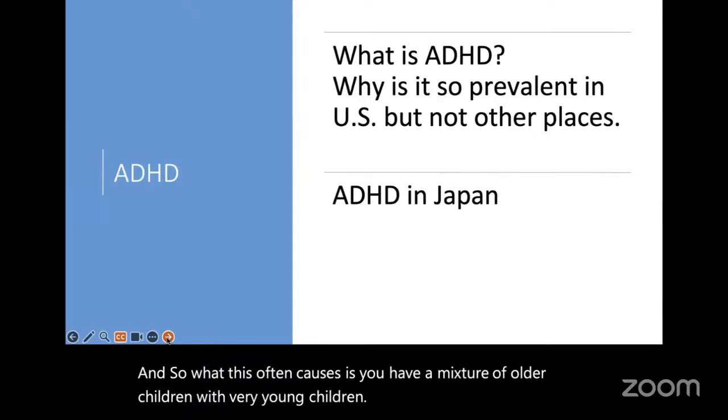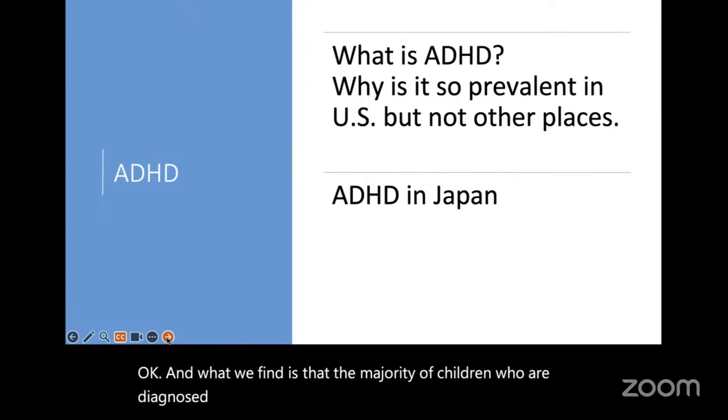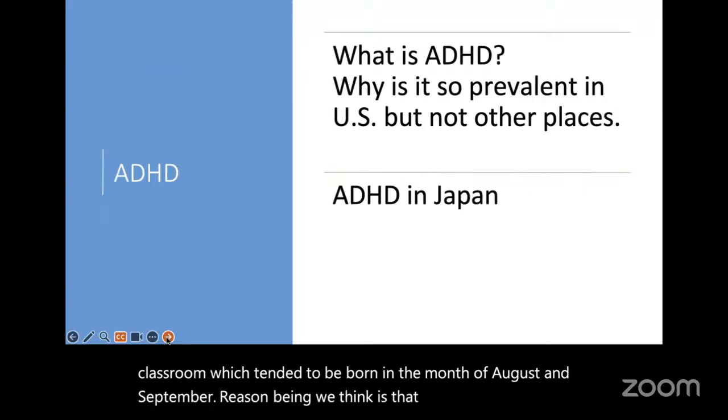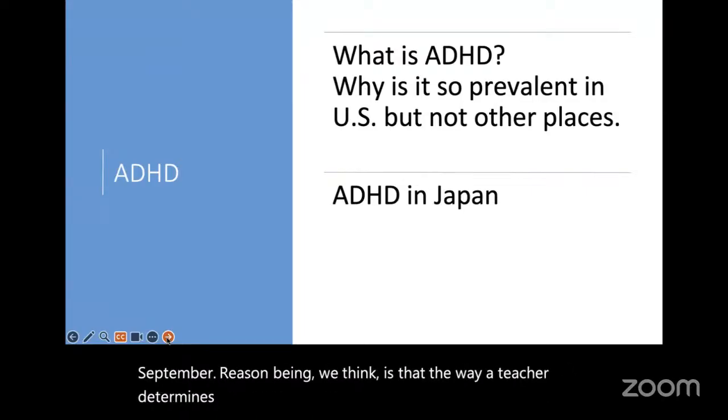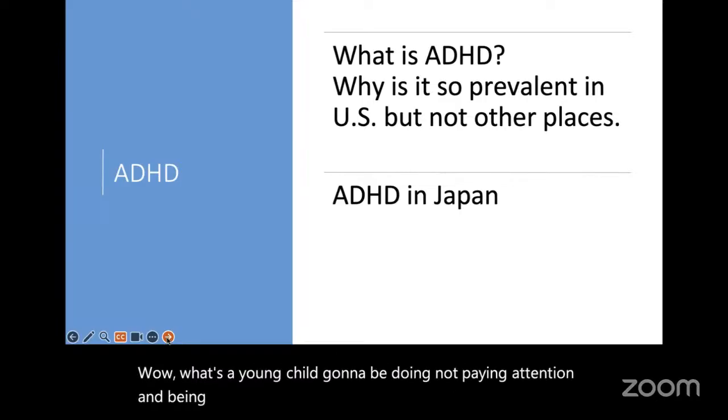And what we find is that the majority of children who are diagnosed in the classroom are the youngest children in the classroom, which tended to be born in August and September. Reason being, we think, is that the way a teacher determines whether a child might have ADHD or not is they compare that child's behavior to the behavior of the other children in the classroom. Well, what's a young child going to be doing? Not paying attention and being fidgety compared to their peers.